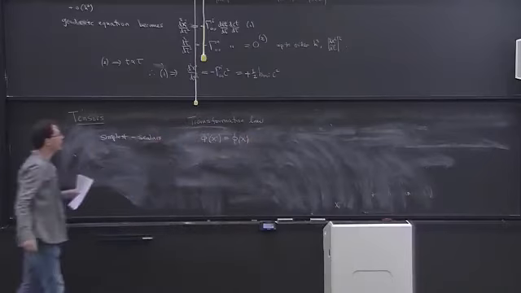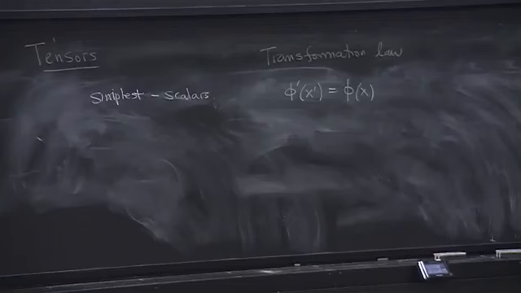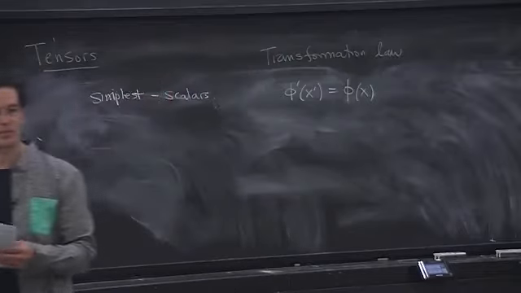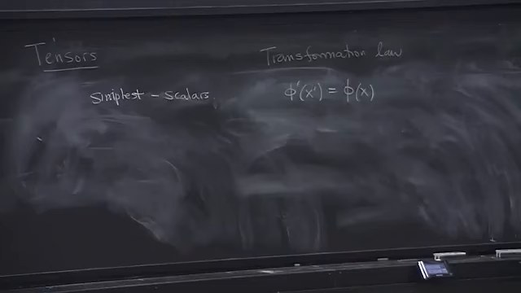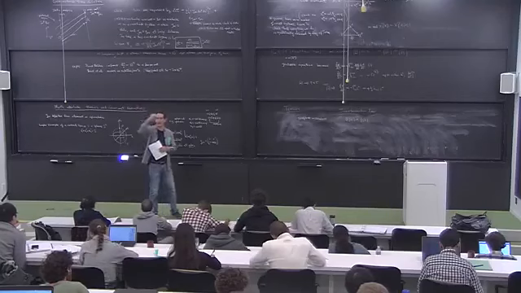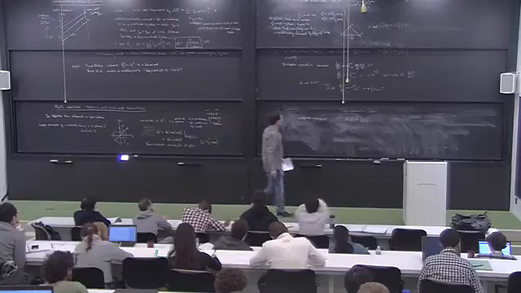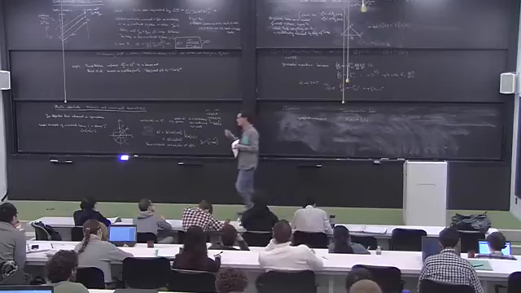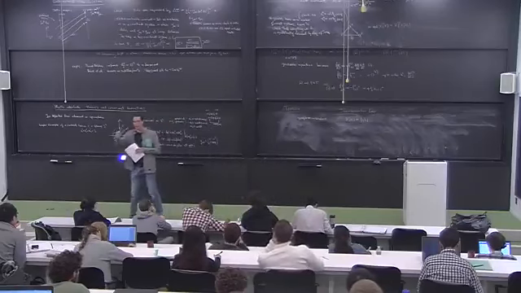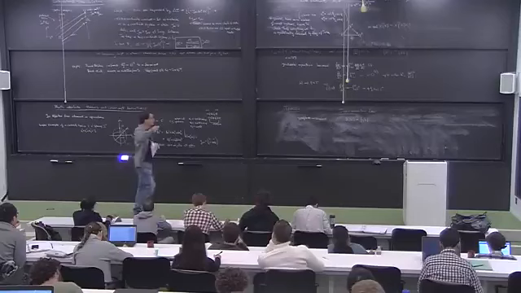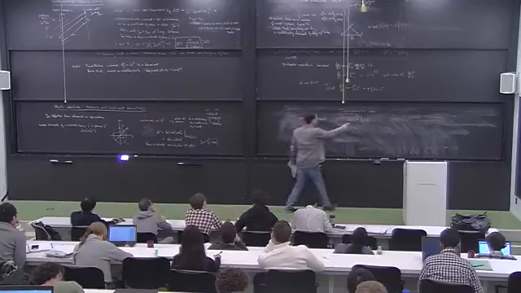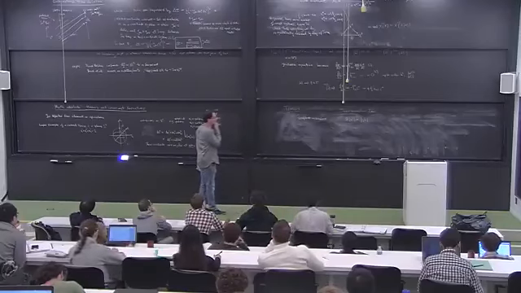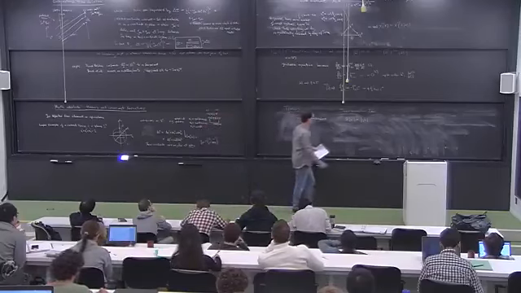Okay, so just think about that for a moment. What is a scalar? Well, it's a function which lives on the space. So every point of this curved manifold, say a sphere, there would be a definite value of phi. Okay? Then if phi is a scalar, the definition of phi in the new coordinate system is that the value of the function phi prime at the same point, okay, this is x goes to x prime, this is the same point in the new coordinate system, the value should be the same.